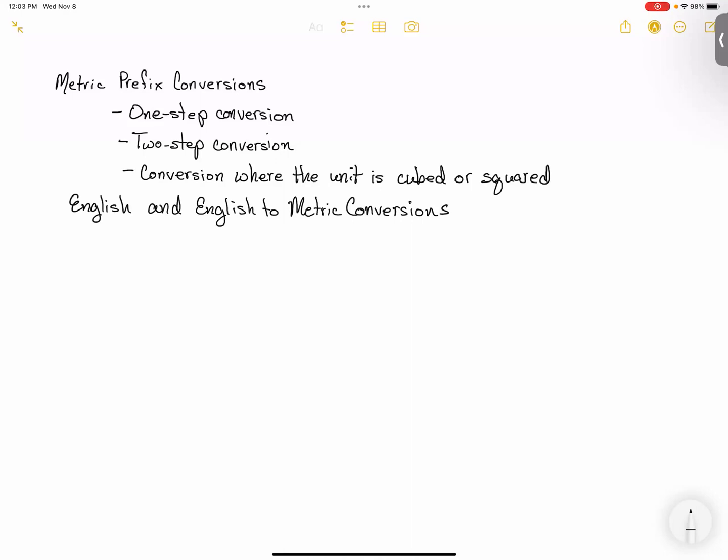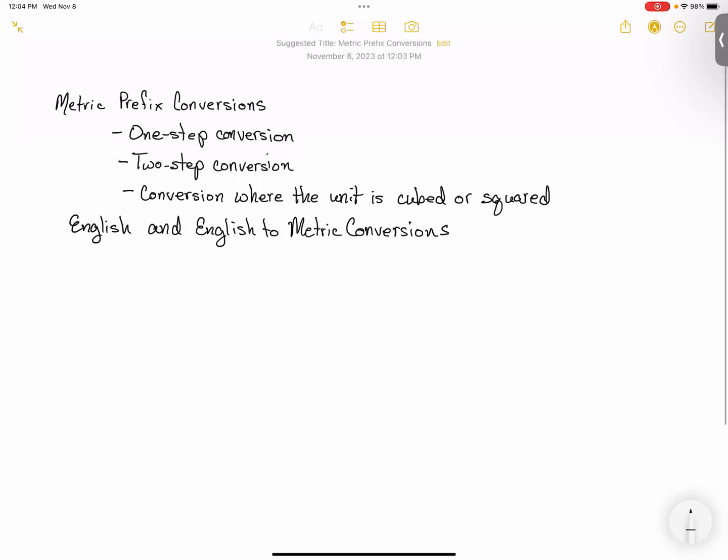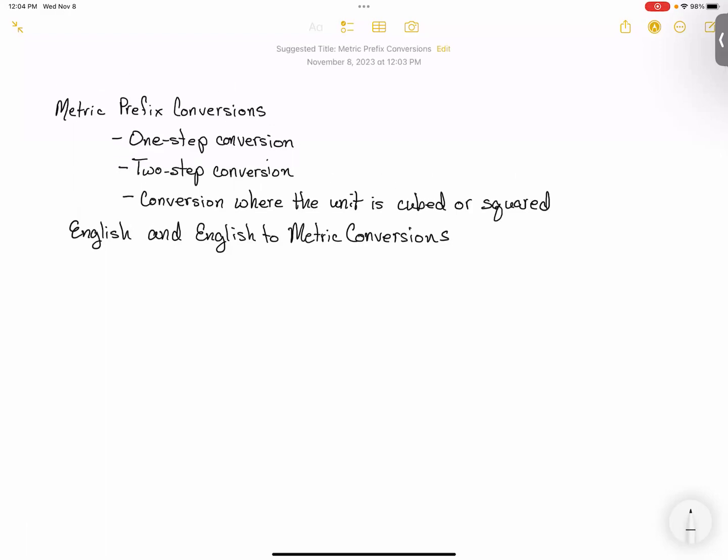My goal is on Friday to mix up all the types of conversions we have discussed to date and do several different problems with it all mixed up. Okay, so conversion where the unit is cubed or squared.